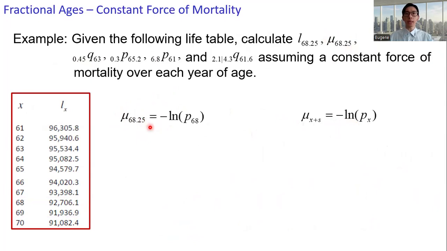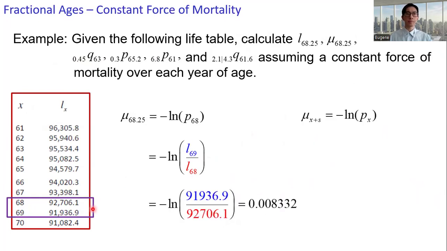Therefore, this is equal to the negative of the derivative of log p_68. Get p_68, l_69 over l_68. Upon substitution, we get 0.008332. And this force of mortality is constant between ages 68 and 69.